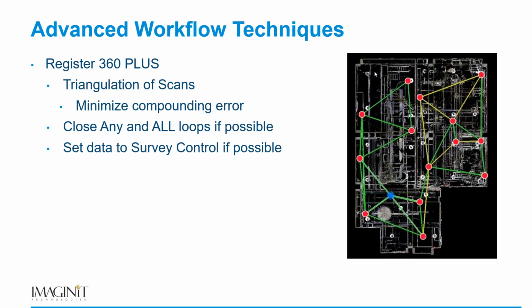Now, there are times where you just are not going to be able to close a loop. We want to try to close the loop as much as possible. For instance, take a look at the image that I have on my screen.